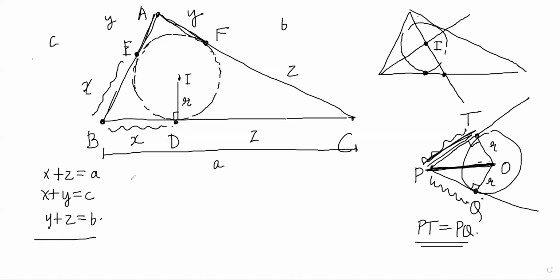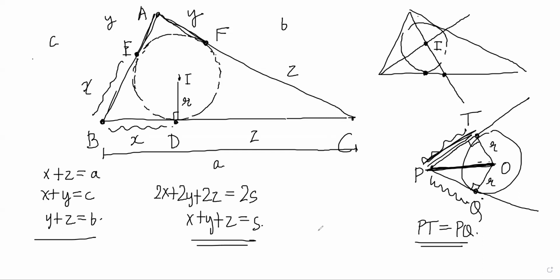Yes, sir. And also the addition of all of them, all the lengths, 2x plus 2y plus 2z is equal to the perimeter of the triangle, right? Yes, sir. Which is 2s. So x plus y plus z is equal to s, right? Yes, sir. So that tells us that we are getting these results.